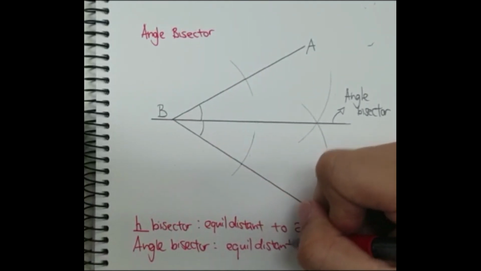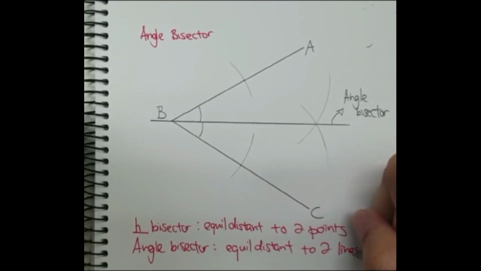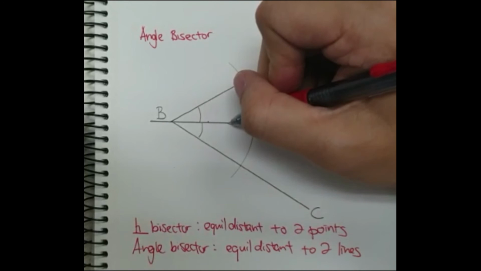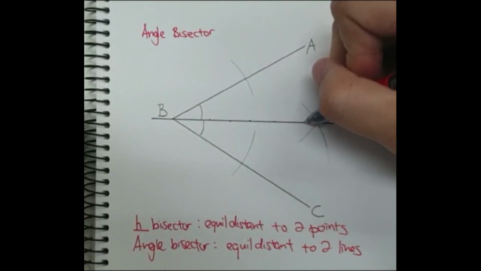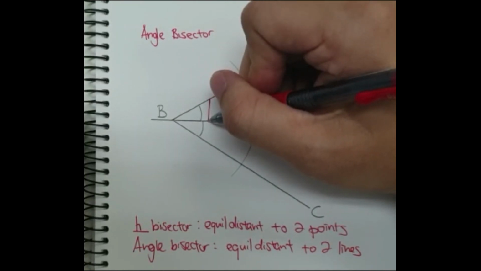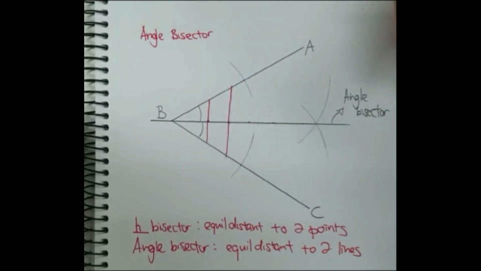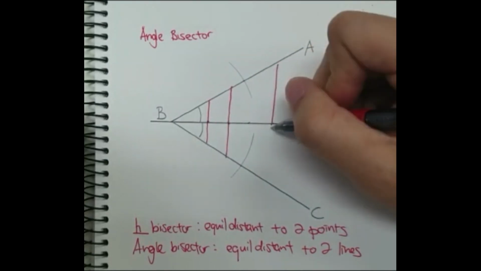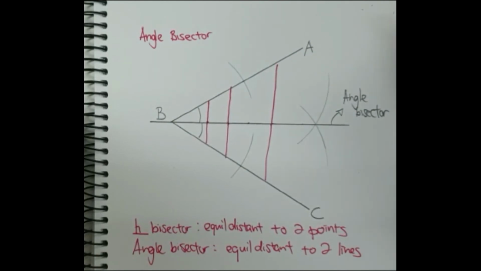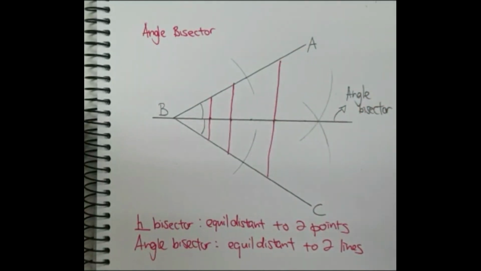What does the word equidistant mean? It means you are at the same distance to 2 lines. Anywhere you are along the angle bisector, the distance from you to this line and the distance from you to this line is the same. So note the difference. Perpendicular bisector is equidistant to 2 points. Angle bisector is equidistant to 2 lines.